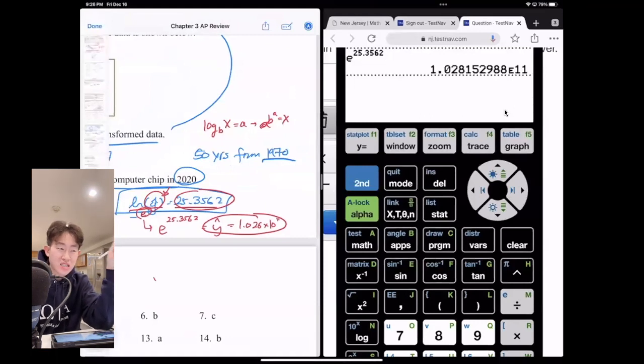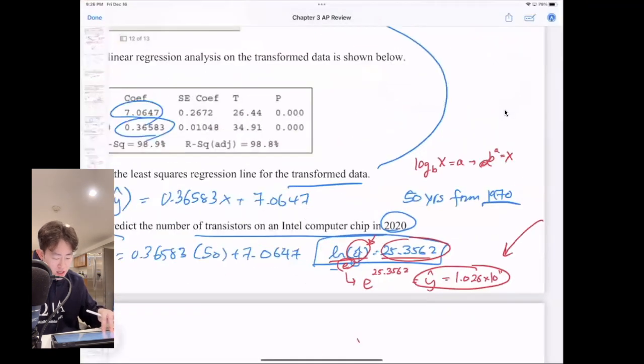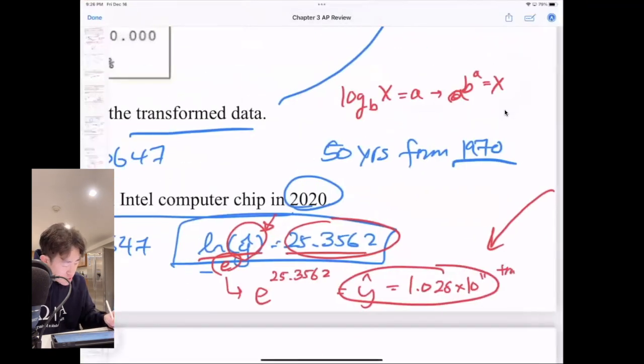So you can see how it says 11 at the end. That means 10 to the power of 11. If you can just remember that as well. So we predict we have this many transistors in the year 2020, which is a lot, as obviously you can see.